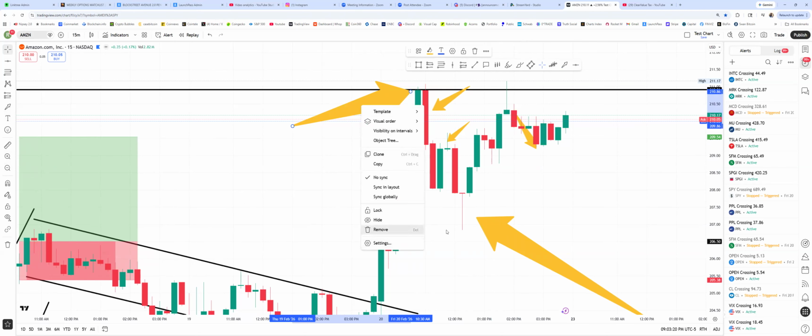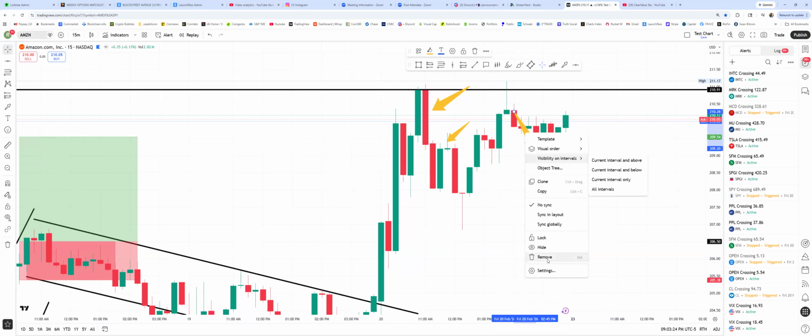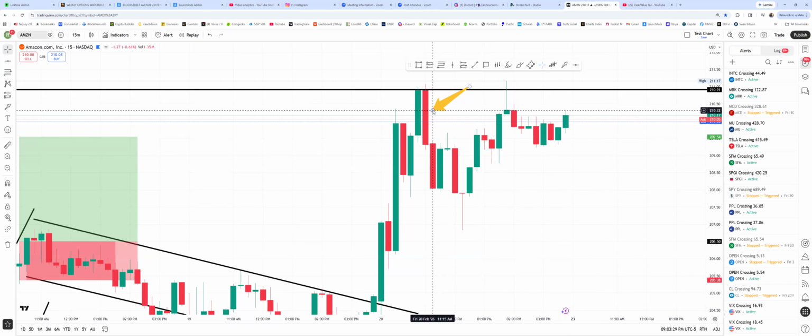Let me remove this. Remove this. Remove this. And remove this. What is this over here? Bearish engulfing. Okay, the bearish engulfing. So the combination of the bearish engulfing makes what? The combination of the bearish engulfing and the bullish candle before that gives you an effect of what?